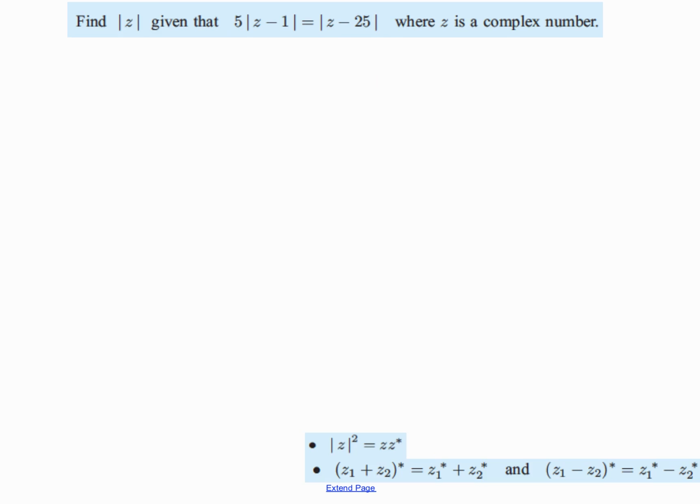Here's an example. So find the modulus of z given this equation here. Okay, so we have this. If we square both sides, I get 25 times the modulus of (z minus 1) squared equal to the modulus of (z minus 25) squared.